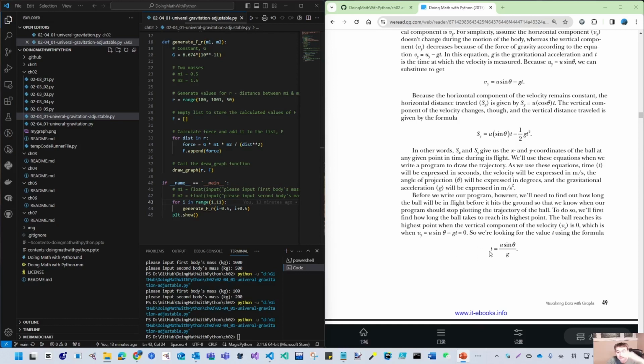That t is the time duration when the object reaches the highest point.